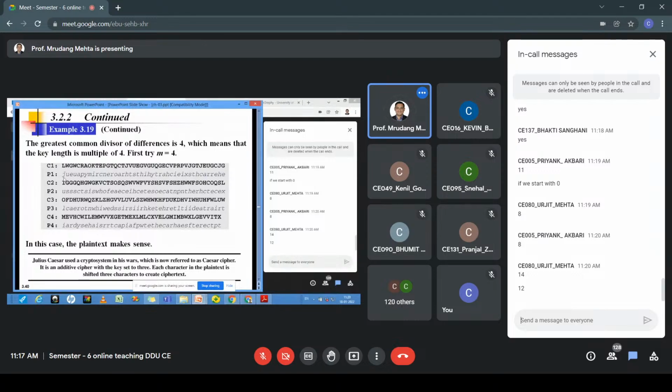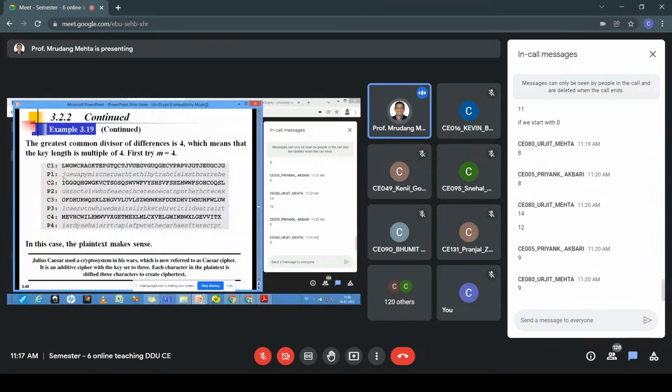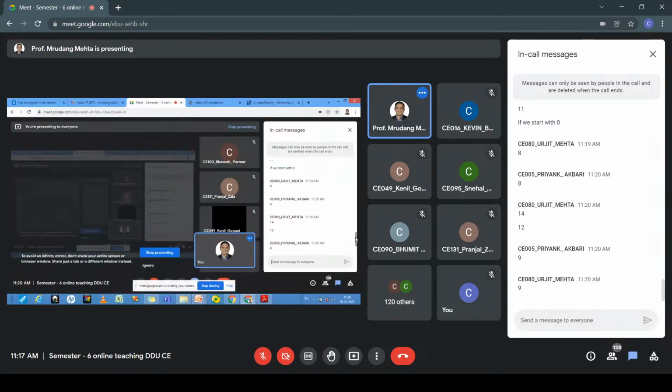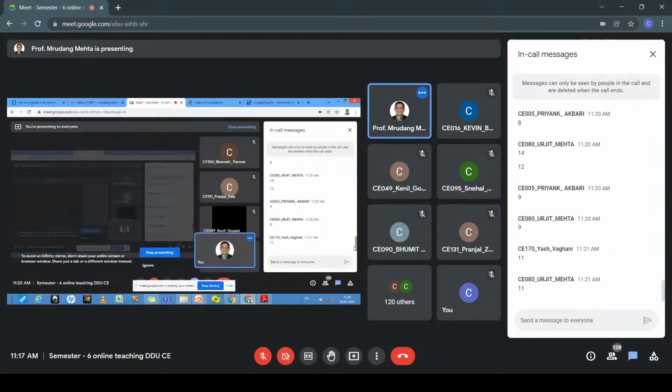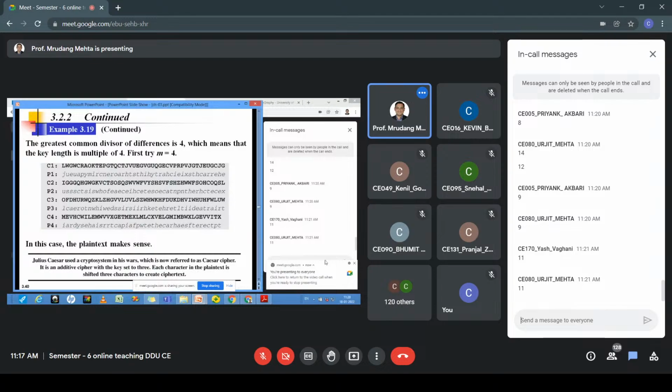What is the value of J? 9. And what is the value of L that we listed? 11. So how from 11 has it found the plain text of 9?